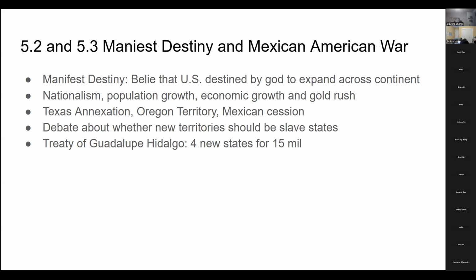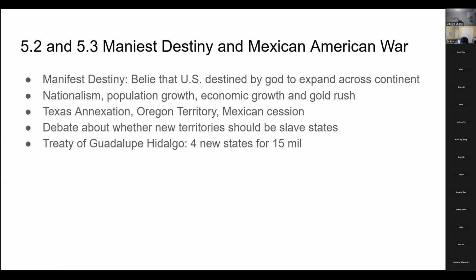And then at around this time, America got a lot of new territory, right? They annexed Texas, fought the war against Mexico, and got the Oregon territories, which they split with Britain, as well as the Mexican Cession. With these new territories, the debates rose up again about whether the new states should be admitted as slave states or not.